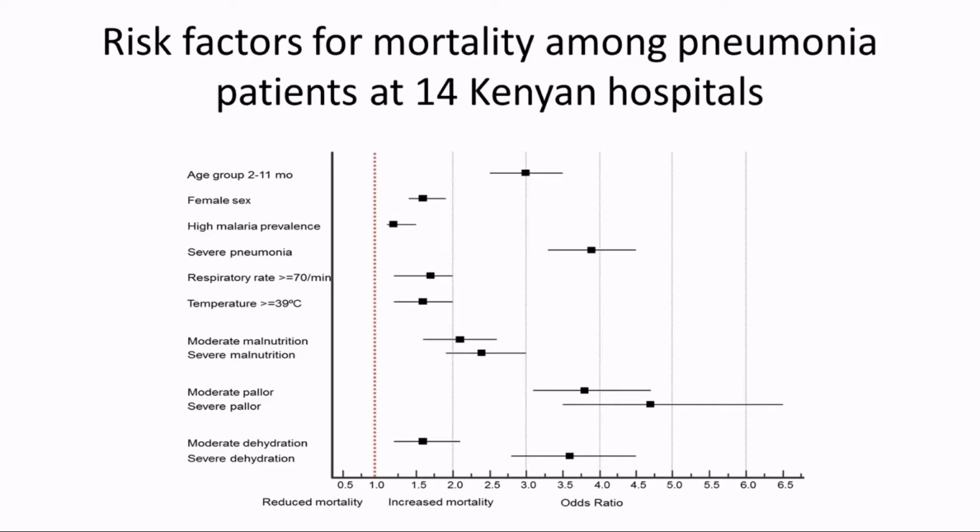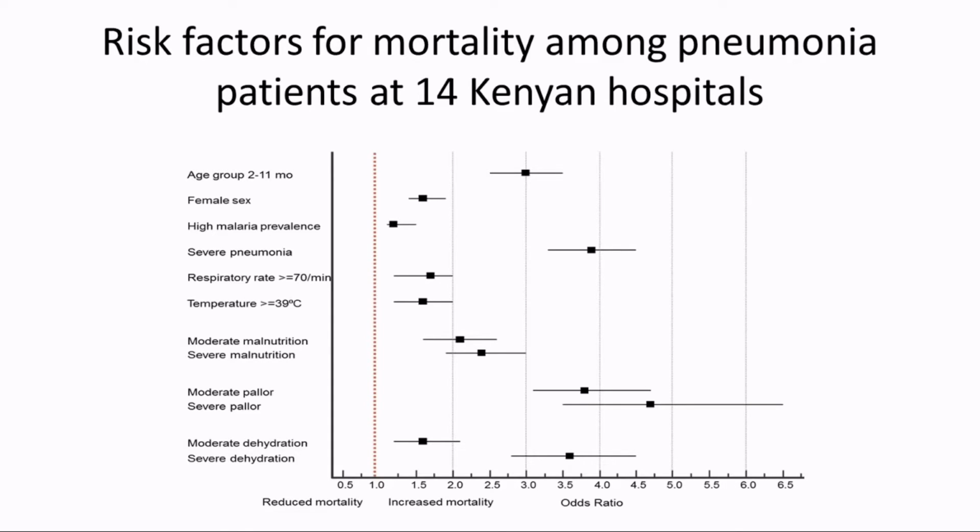So all the way from a young age group, female sex, to living in a high malaria prevalence area, severe pneumonia, increased respiratory rate, even elevated temperature, and most interestingly, moderate malnutrition, moderate pallor, and moderate dehydration, which would ordinarily be treated in the outpatient setting, appear to increase the risk of death among children presenting with pneumonia.